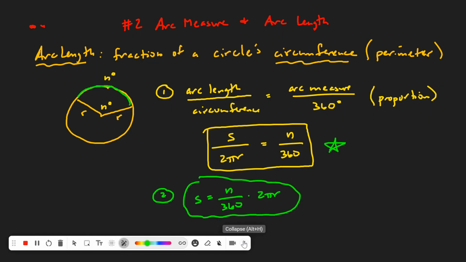Okay, so let's take a look at an example to see if we can find arc length together. Okay, so this is example 1. All right, so we're going to find the length of arc RT.